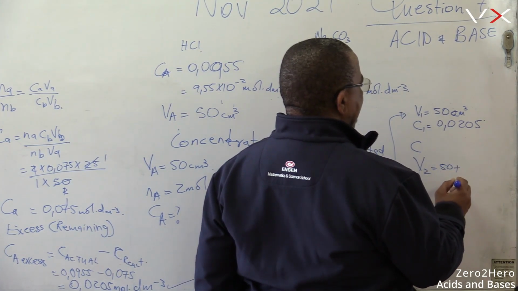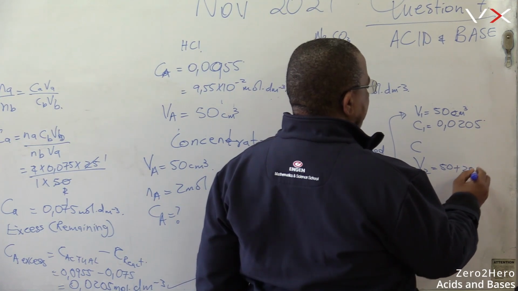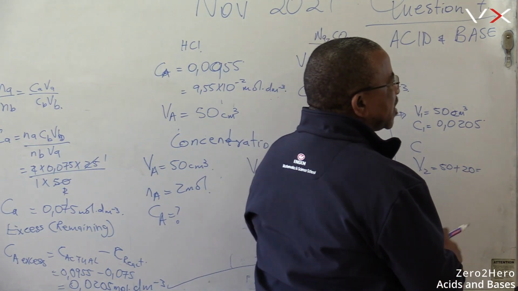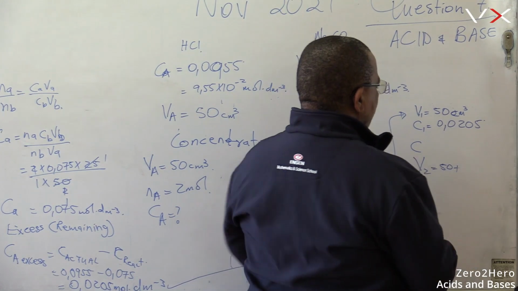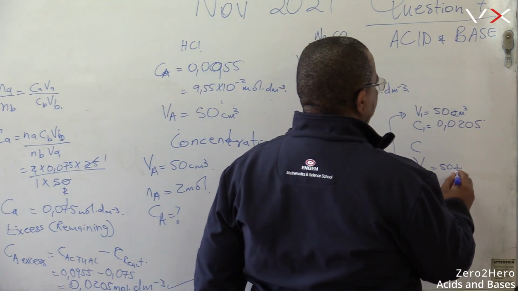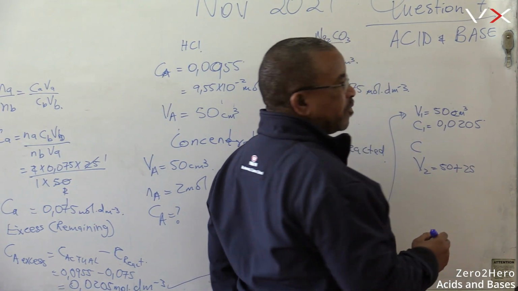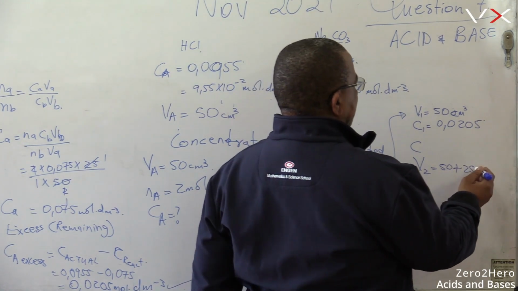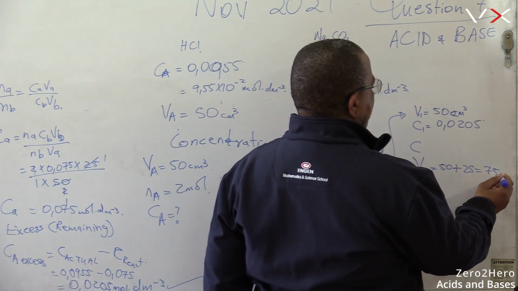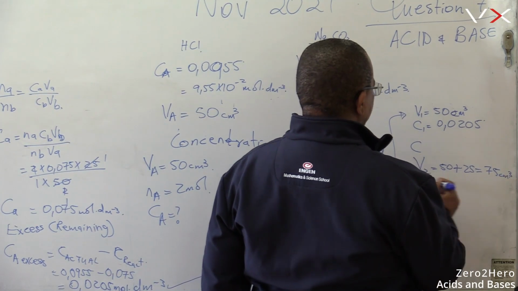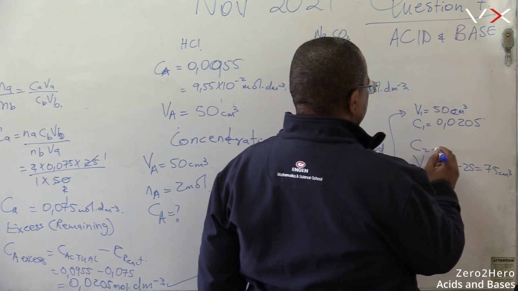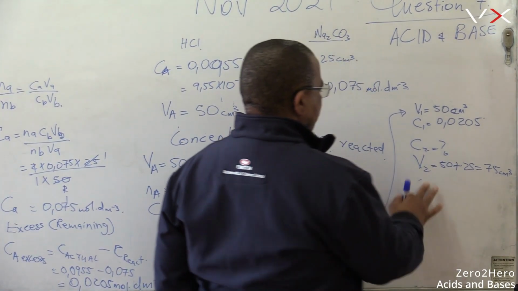It is 50 plus 25, the new solution, so we have 75 cubic centimeter. So we want to find the concentration in the new solution.